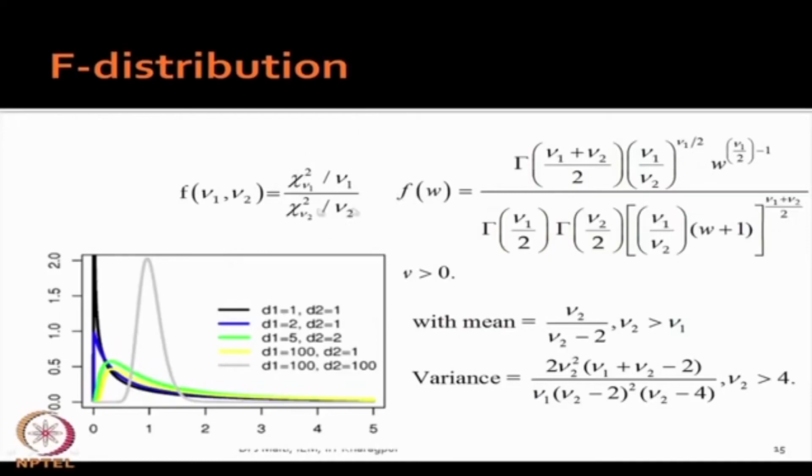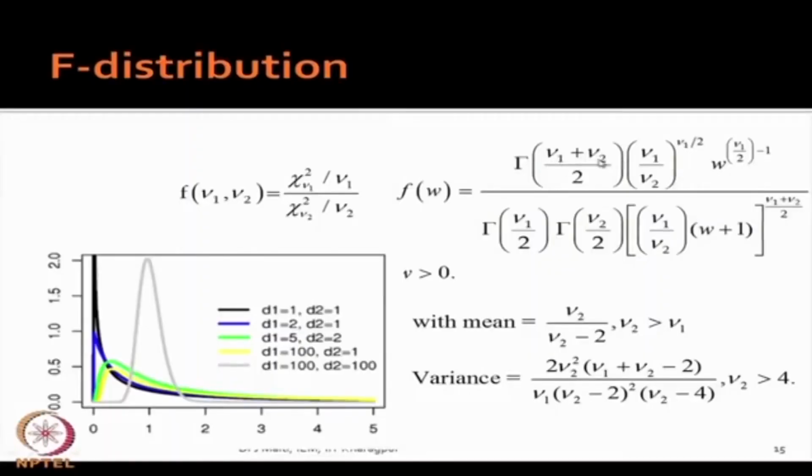Then this quantity, if this is W, if we create it like this, follows an F distribution with numerator degrees of freedom and denominator degrees of freedom. Why? You see the distribution here, nu 1 and nu 2 are everywhere, the rest are gamma functions.